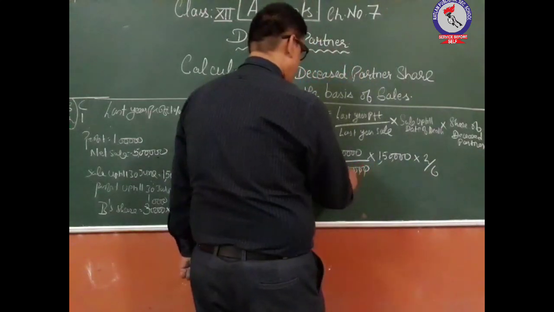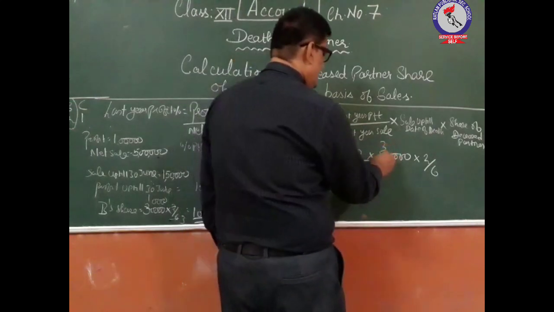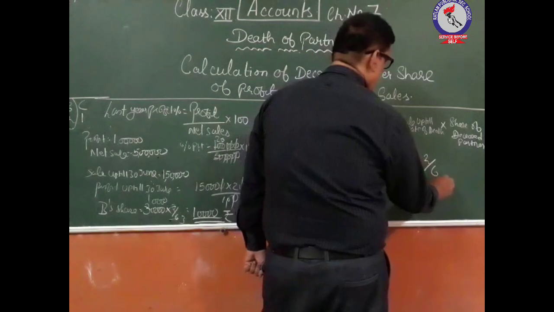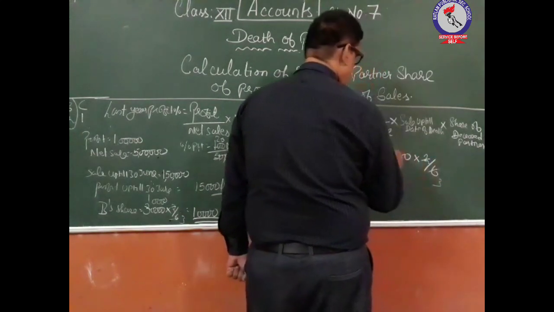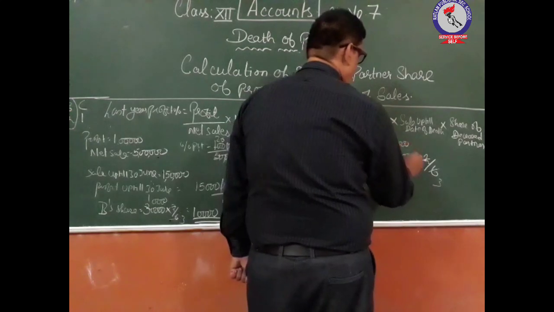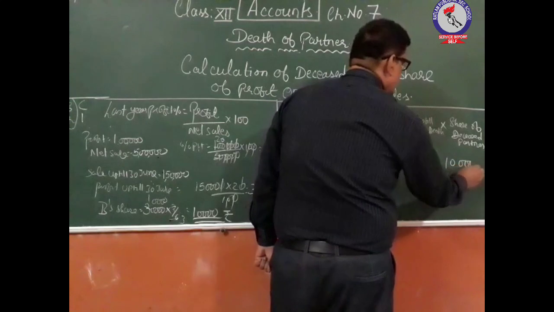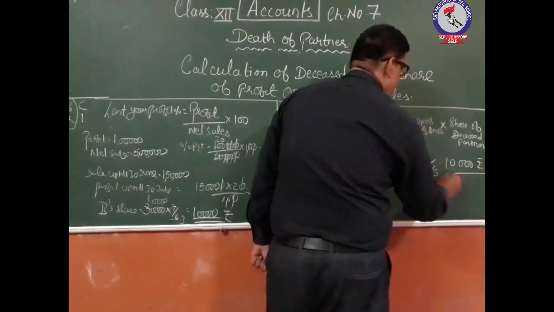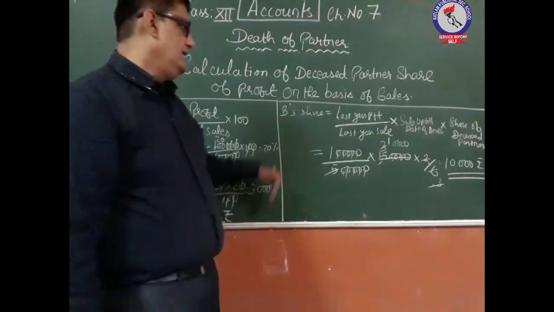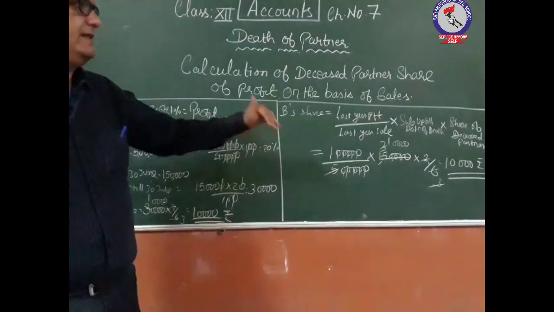So with the help of this we can find out here 5 3s are 30,000, again 2 3s are 6, and then 6 1s are, so that is final figure 10. So this 10,000 rupees is the share of the deceased partner profit. Okay, share which will be given to the deceased partner, that is 10,000 rupees.